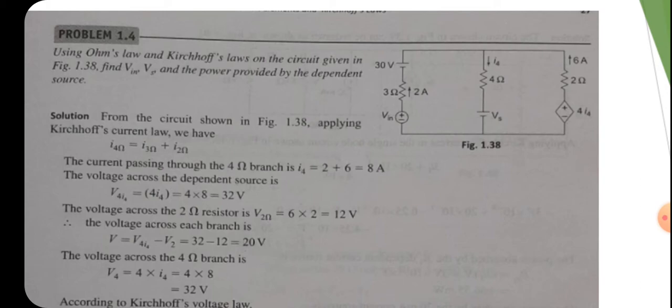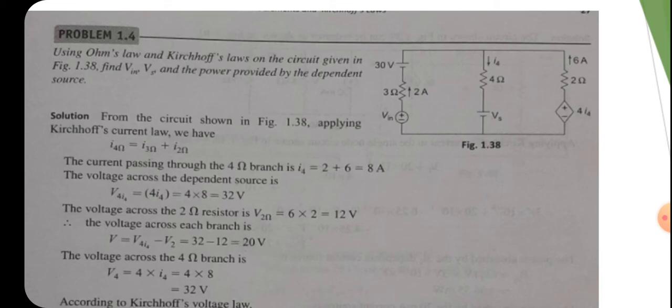So the voltage drop across 3 ohm will be equal to 6 volt. Similarly, it is given that there is a 2 ohm resistor and the current flowing through that 2 ohm resistor is 6 ampere. Therefore, the voltage drop across the 2 ohm resistor, V2 ohm, is equal to 6 into 2 by simple Ohm's law, that is equal to 12 volt.